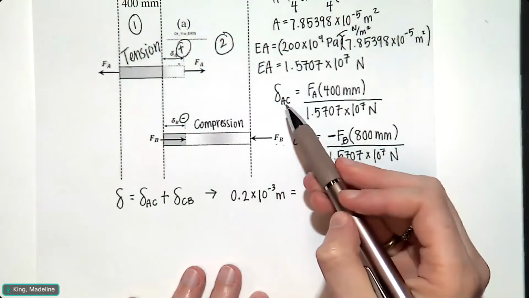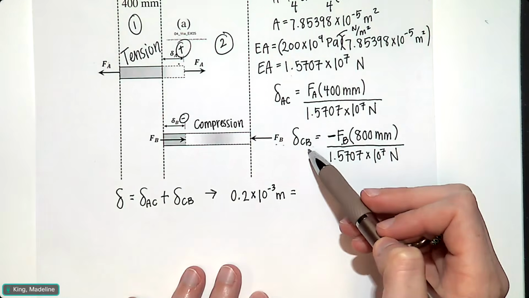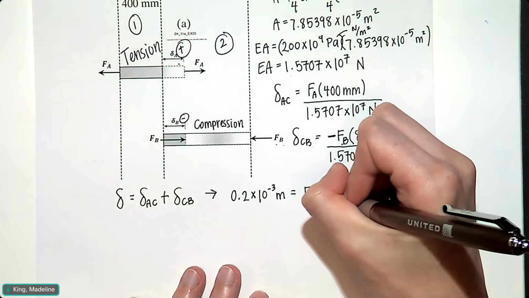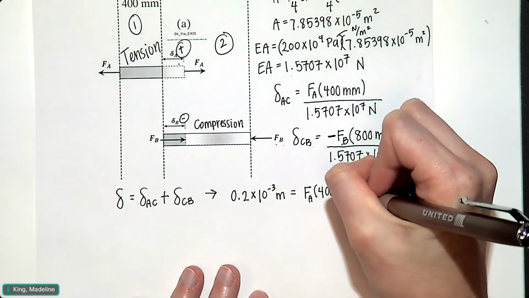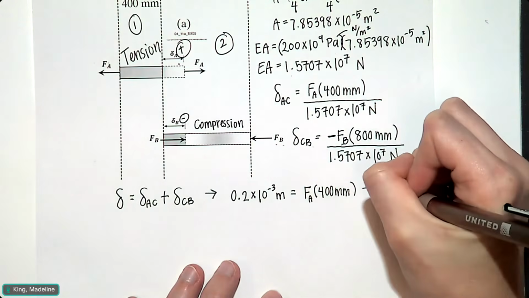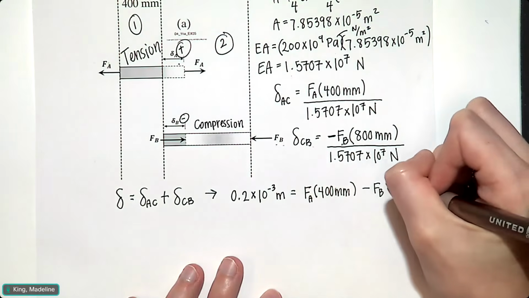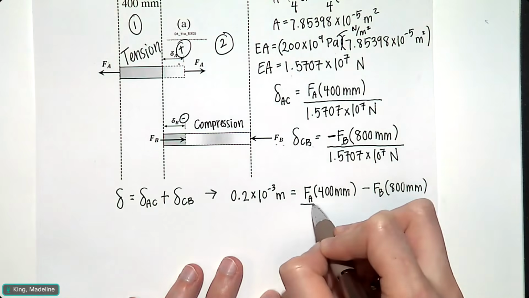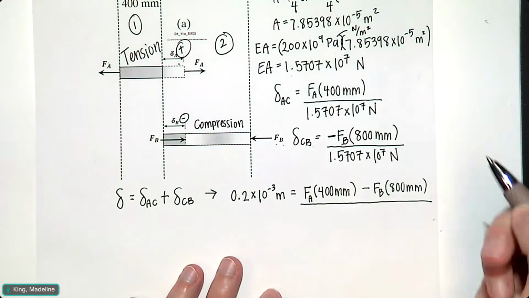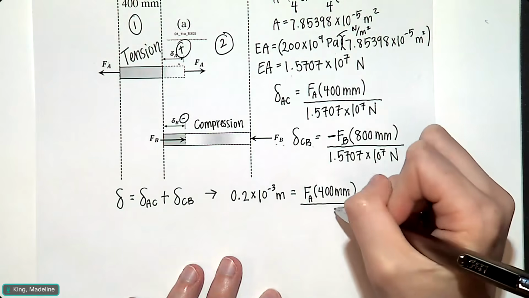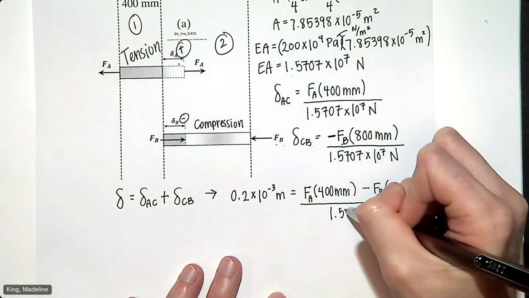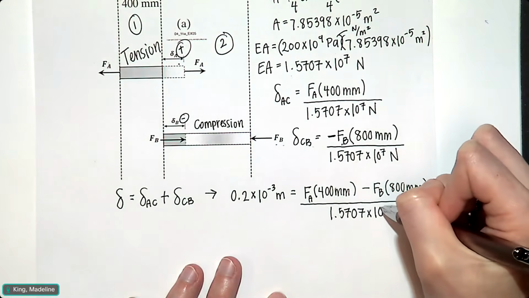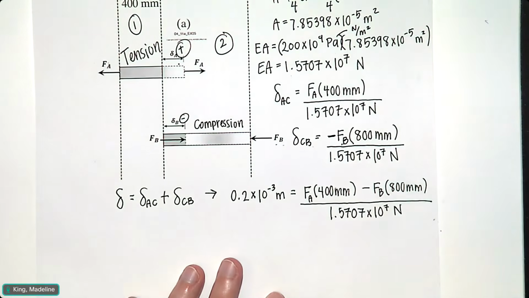Plugging in our delta AC and our delta CB into this equation, it will be FA times 400 millimeters minus FB, 800 millimeters. Because they have a common denominator, I'm just going to write all that over 1.5707 times 10 to the 7th newtons.